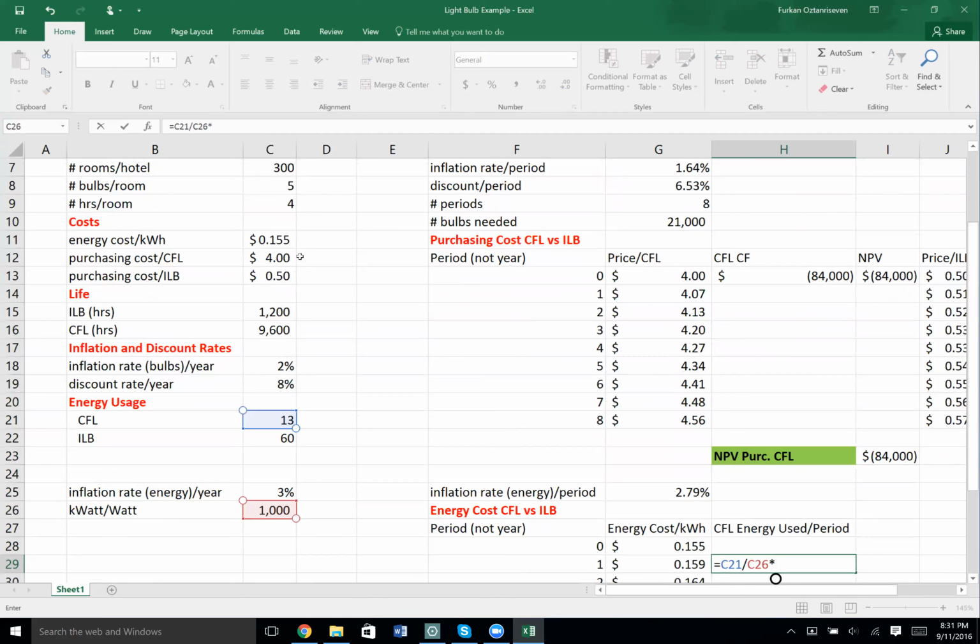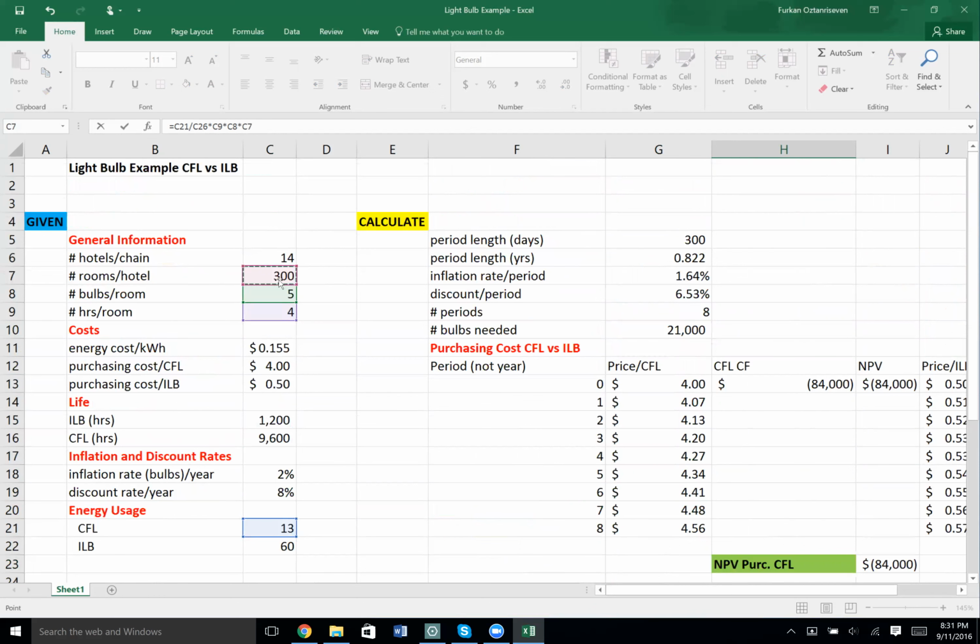So we are using each bulb 4 hours a day, times 5 bulbs in a room, times 300 rooms in each hotel, times 14 hotels in our chain.